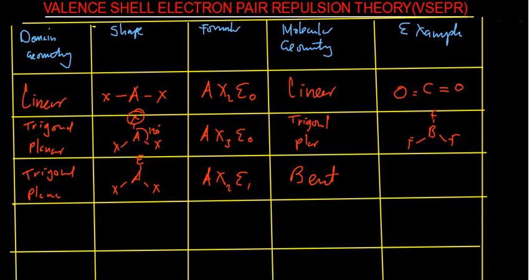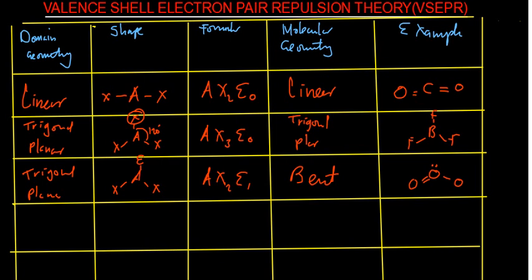Why are we calling it bent? Because it's going to be something like this. For example, if you talk about water, let me not use water because water doesn't have one lone pair of electrons. Let me talk of ozone, like that. So this one has a lone pair of electrons like that.